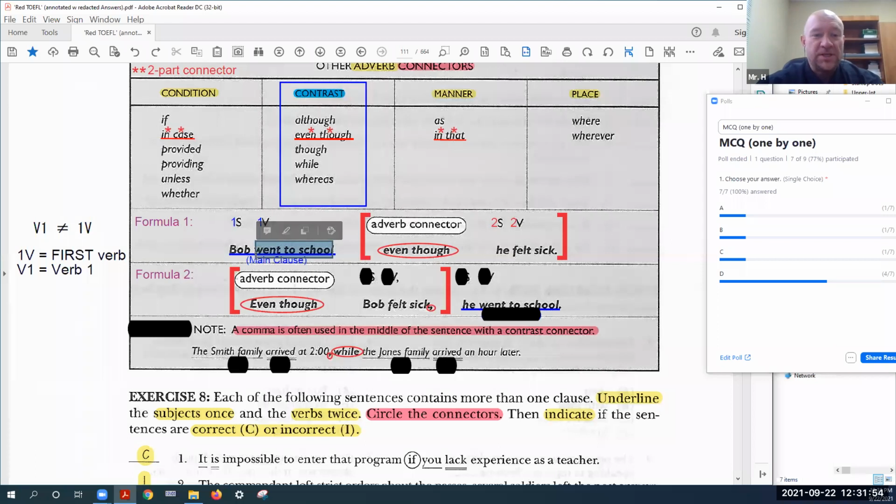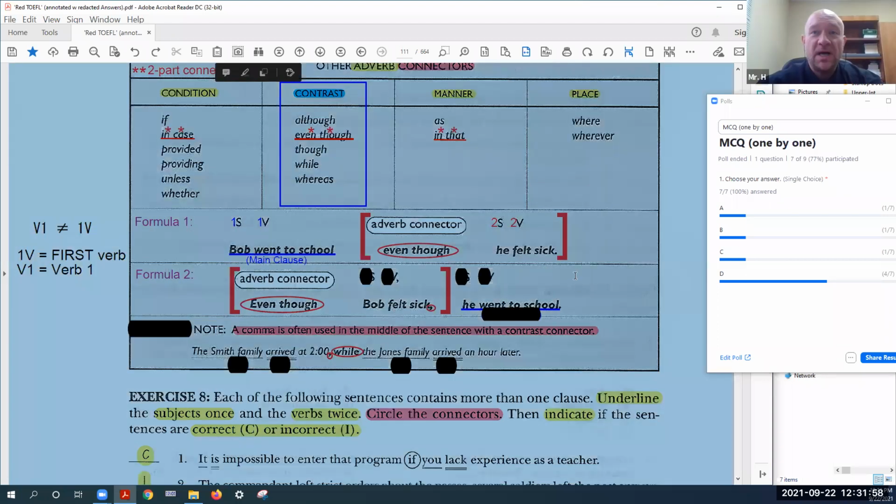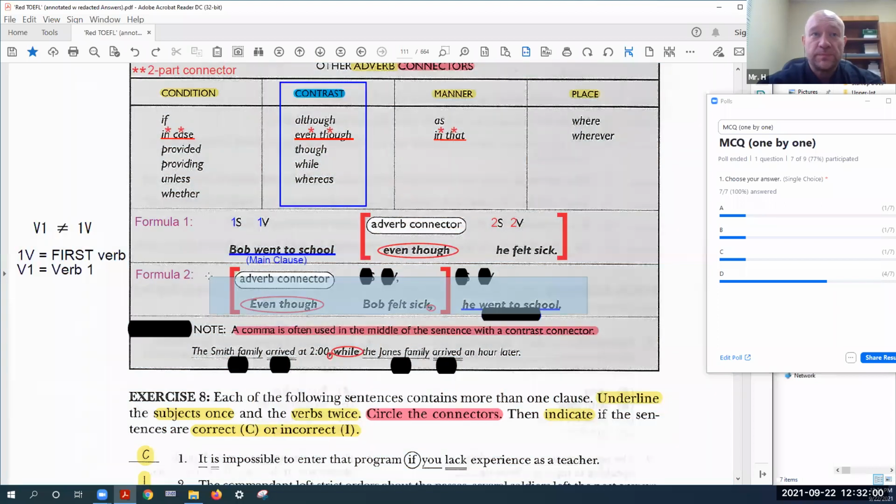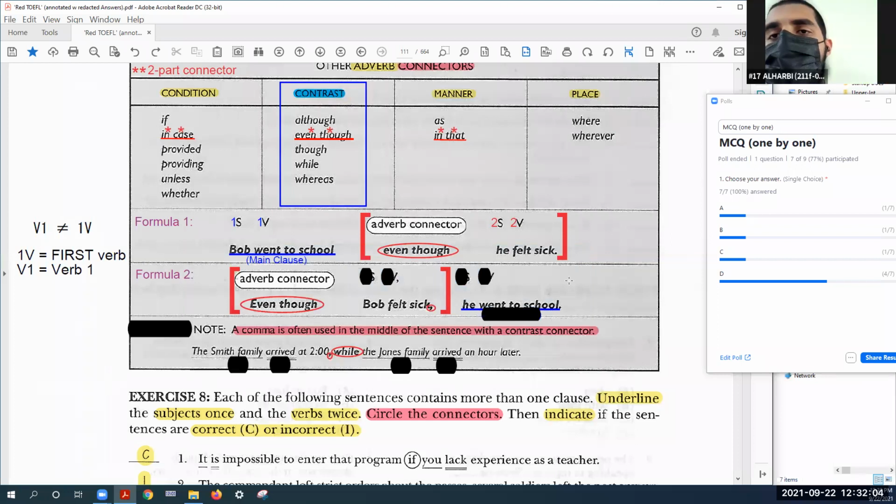Okay. Formula 2. Harvey, use the formula and explain formula 2. Even though Bob felt sick, he went to school. Let's start with the main clause. Where is the main clause? He went to school.